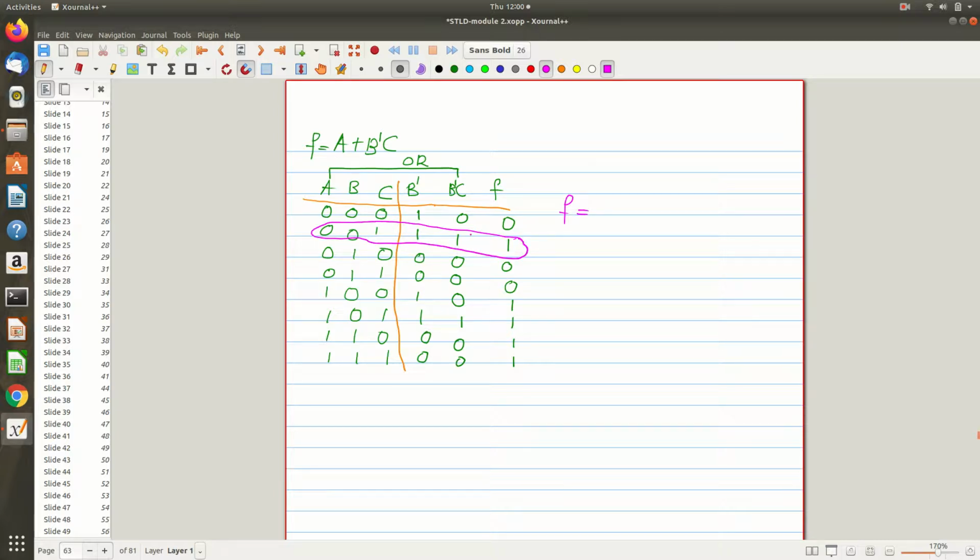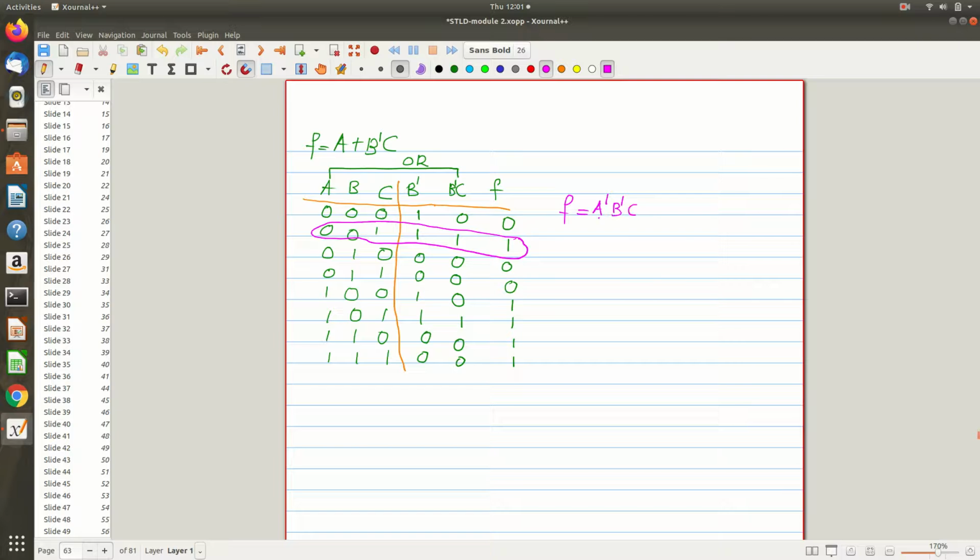Now tell me, corresponding to this row, what are the input instances a, b, c. You can see that a is equal to 0, b is equal to 0, c is equal to 1. That is where the function is giving me a 1. Since a is 0, a dash is 1, and b is 0, so b dash is 1, and c is 1.